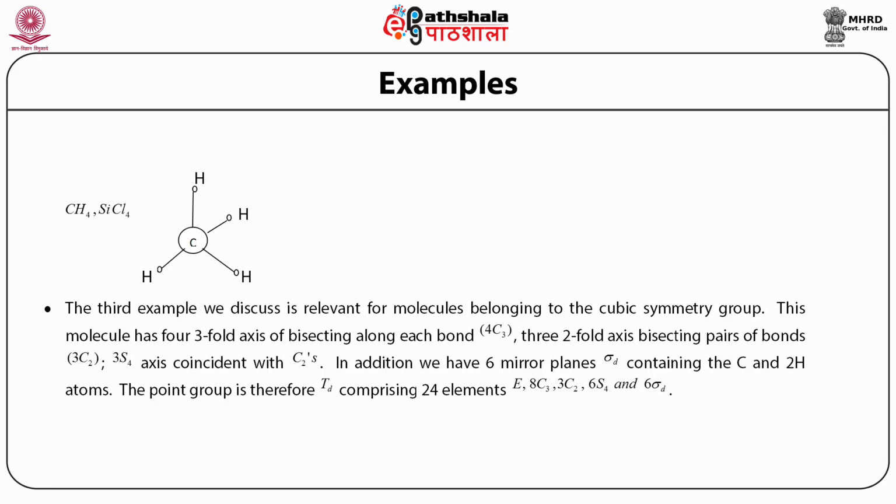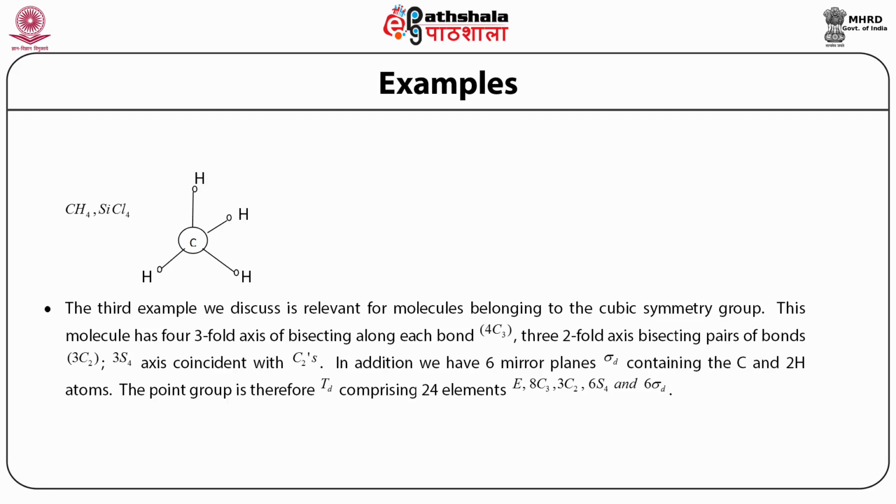This is an example which is relevant for molecules belonging to the cubic symmetry group. This molecule has threefold axes of symmetry, and in fact there are 4 threefold axes which lie along the line bisecting each bond.